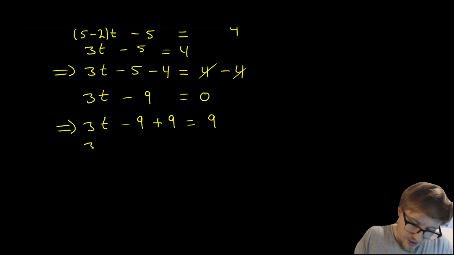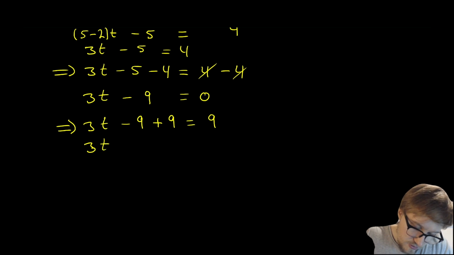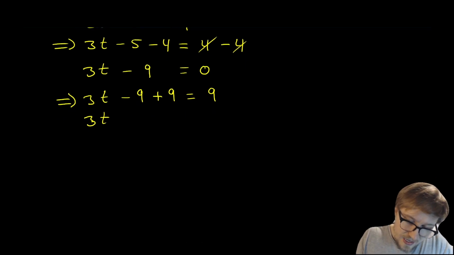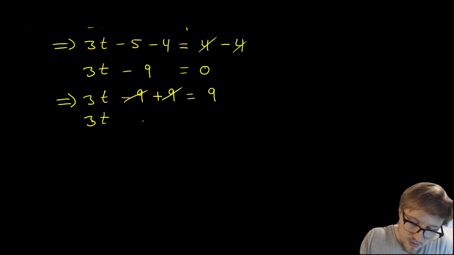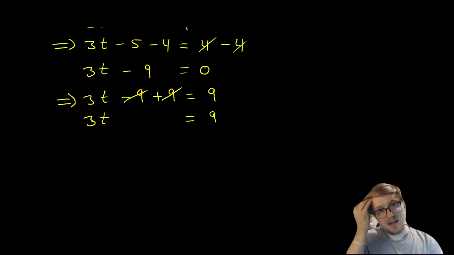So let's simplify. So we have 3t, and then we have minus 9 plus 9, which is going to give us 0, so they cancel. And then we have equal to plus 9 on the right-hand side.